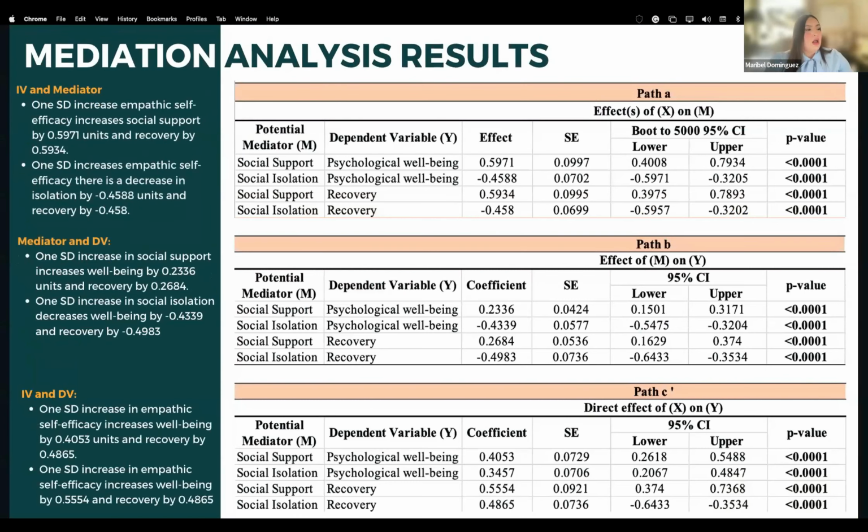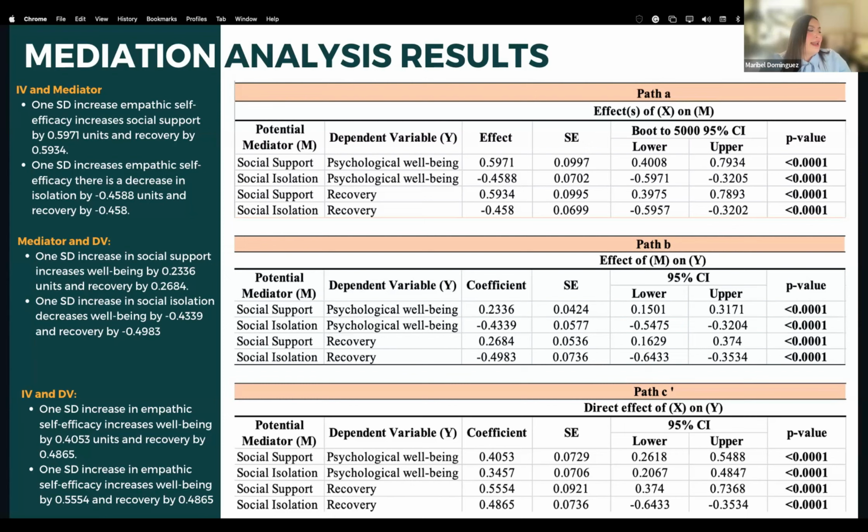So for the results, I know these look like a lot of numbers. However, there were some interesting results from running the mediation analysis. And so there's the path A that I showed you all in the figure that goes from X to mediator, or it goes from the independent variable to the mediator, meaning empathic self-efficacy to either social isolation or social support.